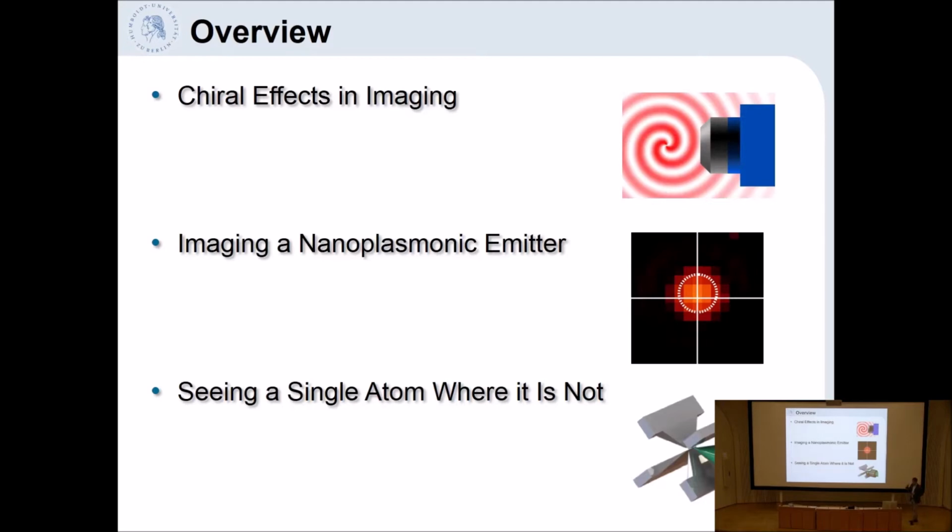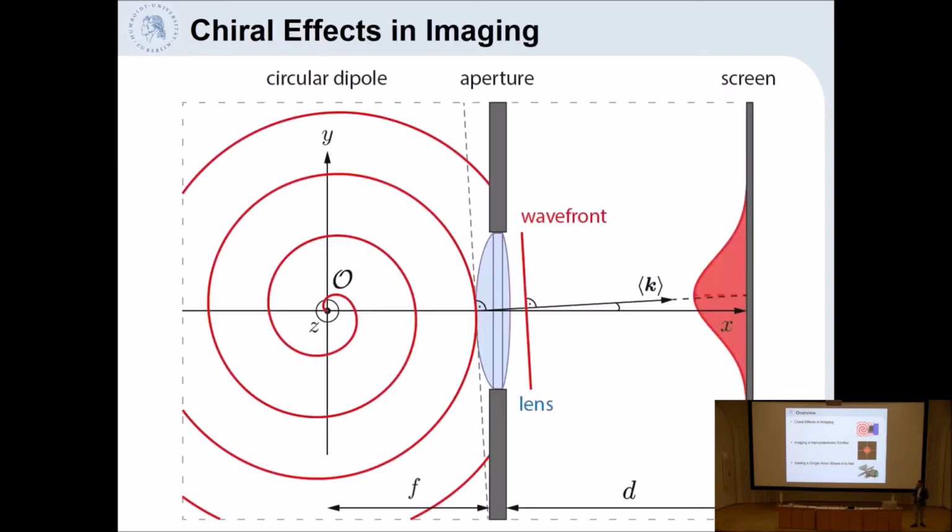So actually the easiest way to understand the chiral effects in imaging is to consider the phase front of the light that is emitted by such a circularly polarized emitter where its field spins in the plane of the board, okay?